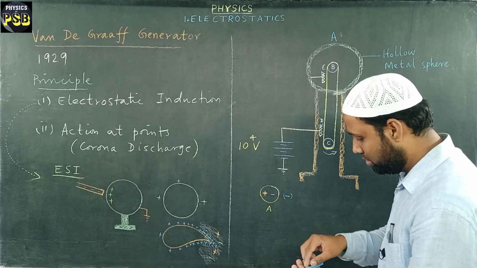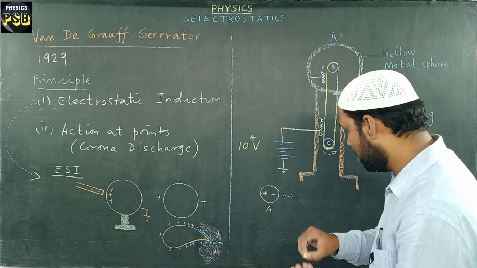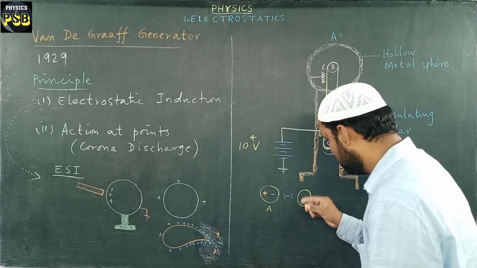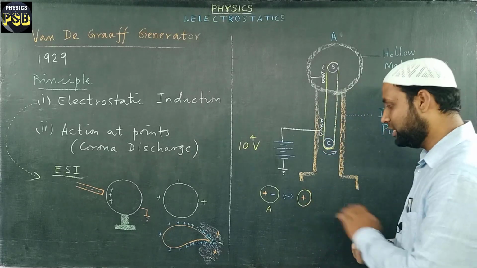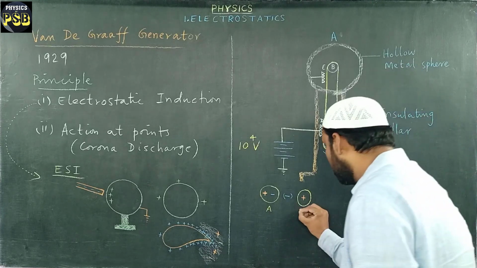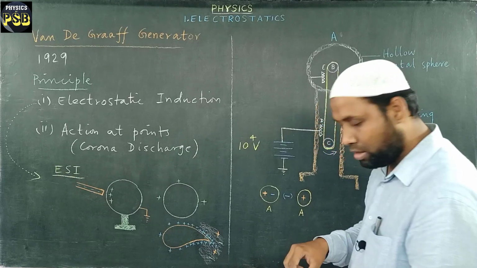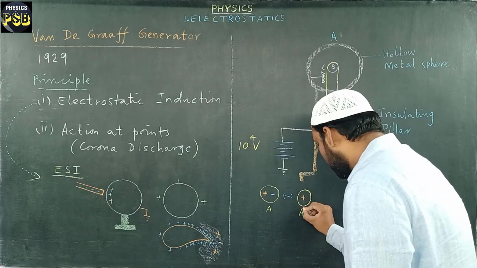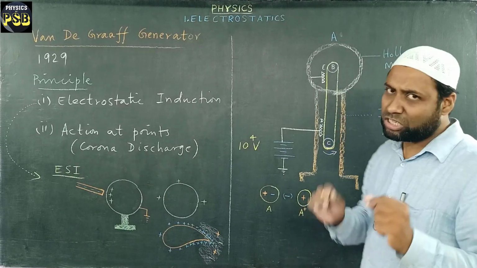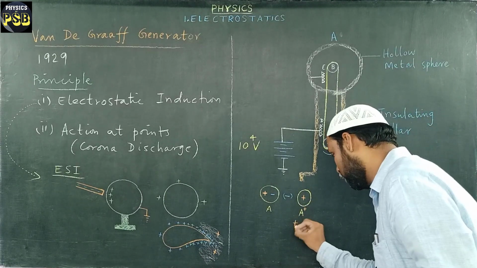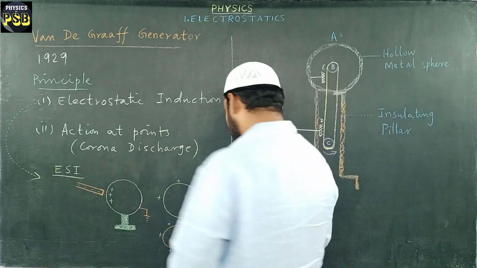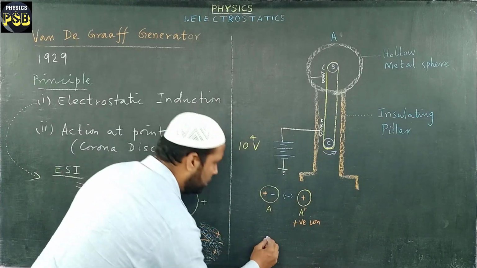This one will have only positive charge. Now this neutral object A has turned into a positively charged object. Earlier it was neutral, now it is positively charged. We call such a positively charged object a positive ion. In simple words, I write it here in the form of an equation.